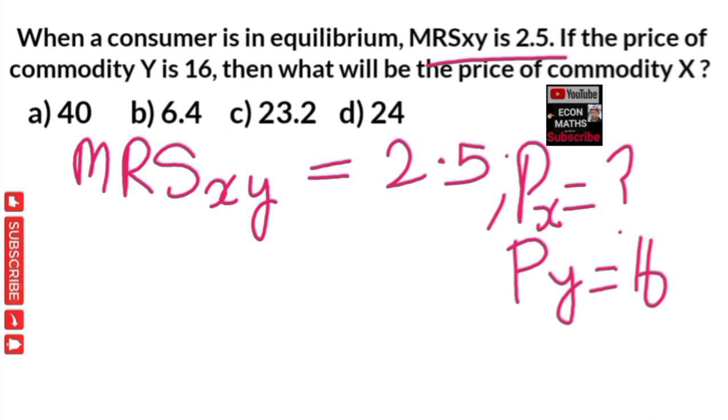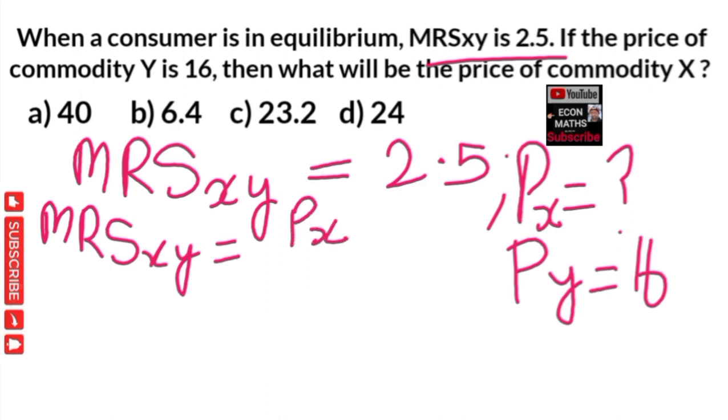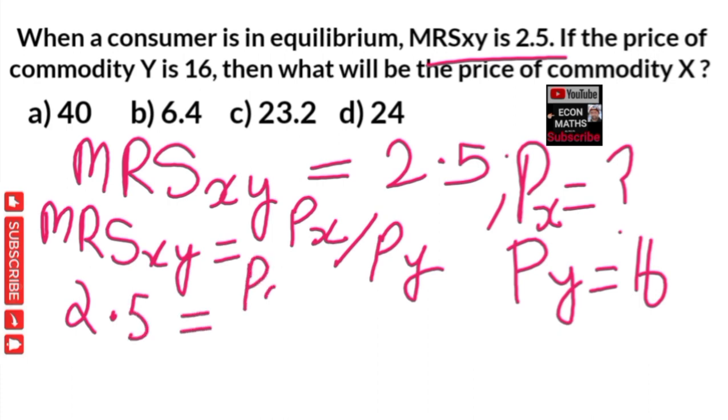Now, using the equilibrium condition, that is, marginal rate of substitution between x and y is equal to the ratio of prices, price of x divided by price of y, we can write 2.5 is equal to price of x divided by 16.